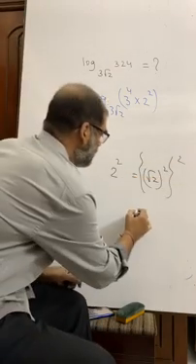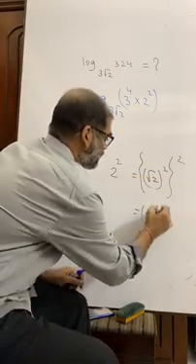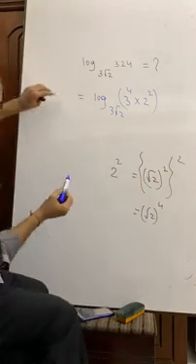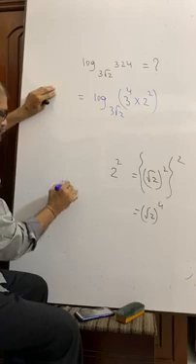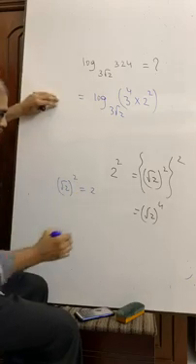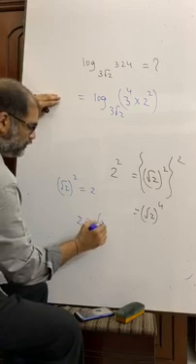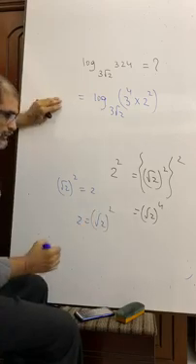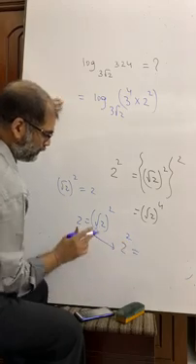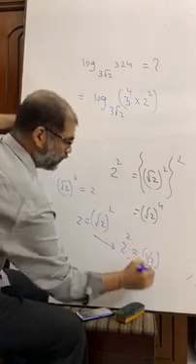So we can write it as root 2 whole to the power 4. Just remember one thing. Root 2 whole square equals to 2. That means 2 square equals to root 2 whole square. Then if I square it again, 2 square equals to root 2 whole to the power 4.